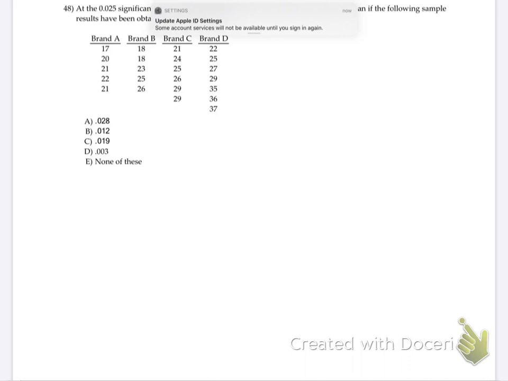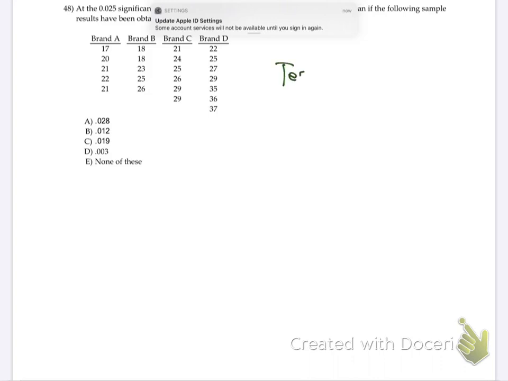So we're trying to figure out, what does it say we're testing for? Does it say ANOVA? No. It says, at the .025 students level, test the claim that the 4 brands have the same mean.